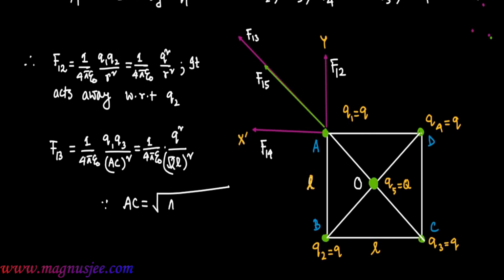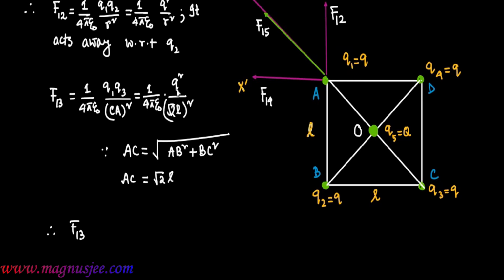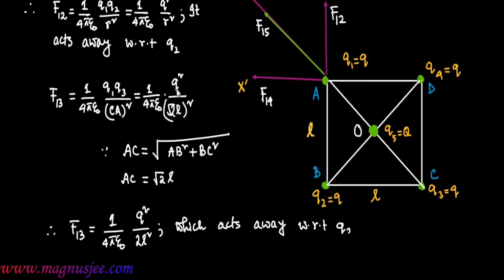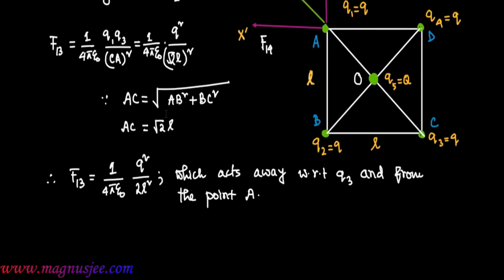Since AC is equal to root over AB square plus BC square, which is root 2 times L. AC is the diagonal, which is root 2 times L, where L is the length of each side of the square. F13 should be 1 by 4 pi epsilon 0 q1 q3 divided by CA whole square, because F13 acts parallel to the direction CA. So finally we get F13 equal to 1 by 4 pi epsilon 0 q square by 2L square, which acts away with respect to q3 and from the point A.